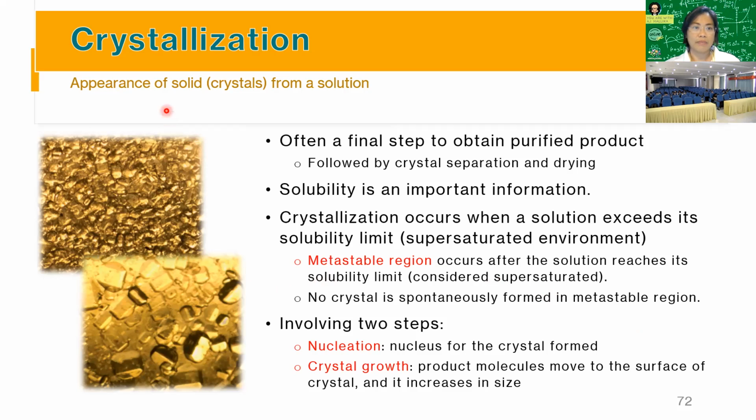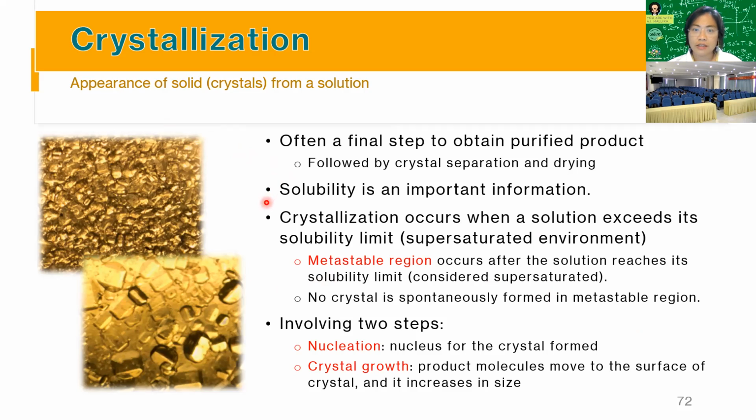Crystallization is basically the appearance of a solid crystal from a solution. It is often a final step to obtain a purified product, followed by crystal separation and drying, and then you get a final product in solid or crystal form.